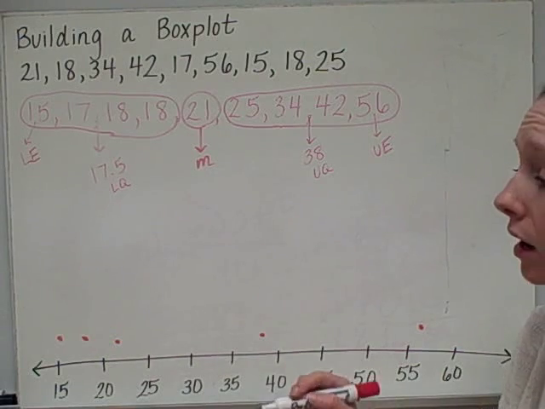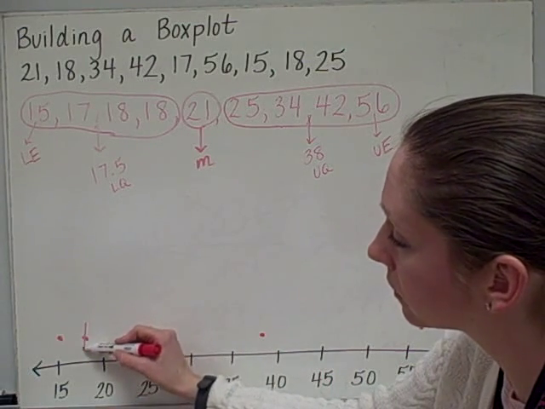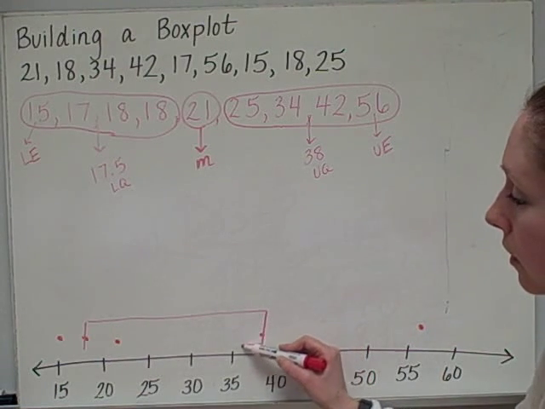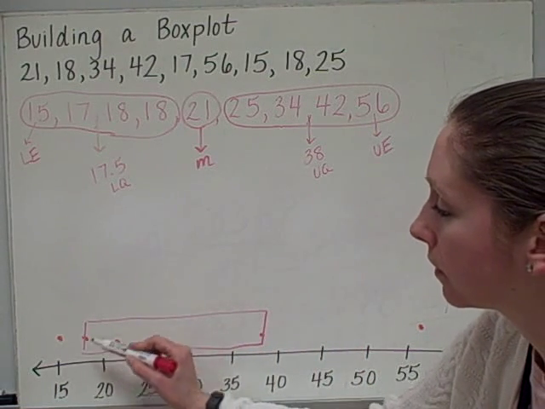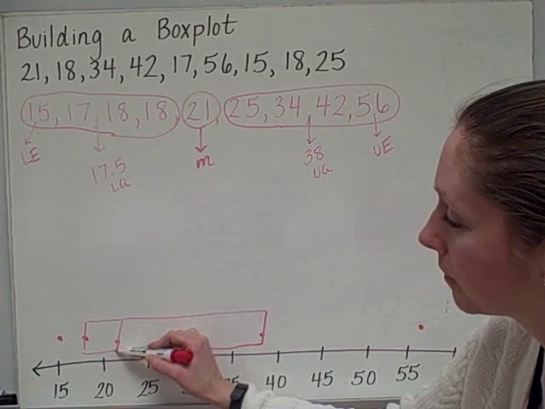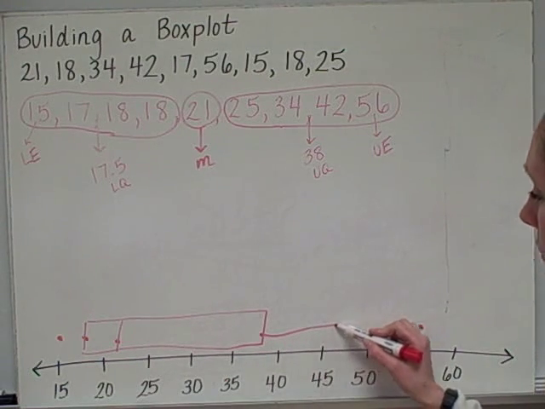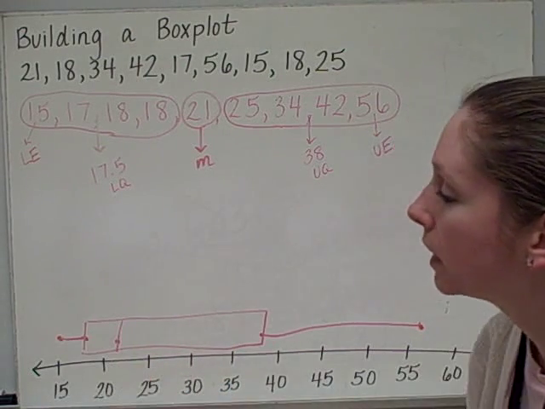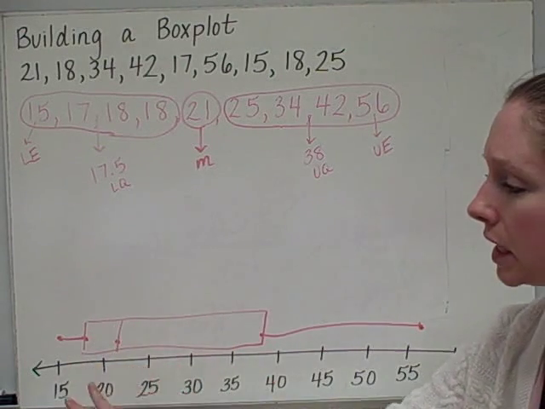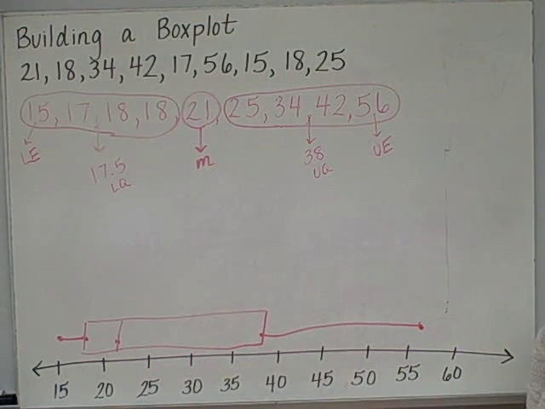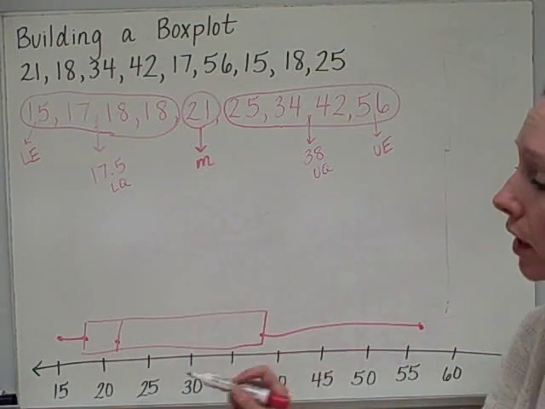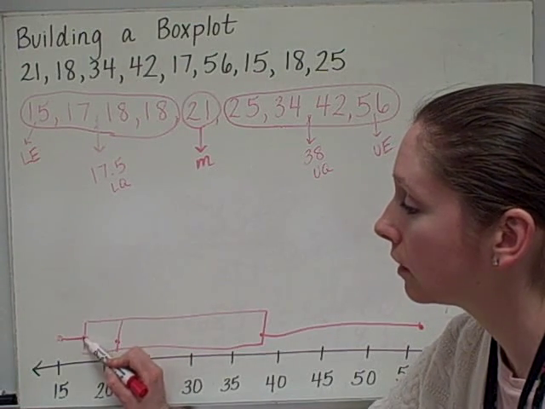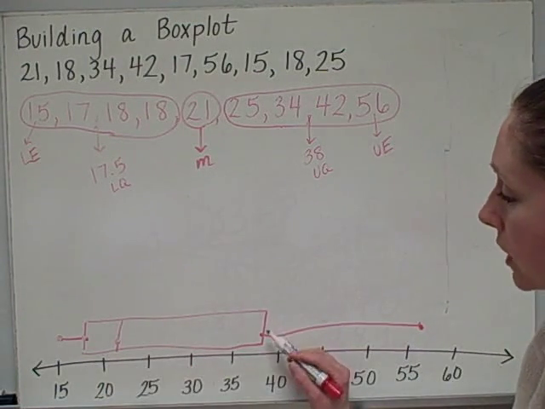Remember that the box goes around the quartiles, through the median, and then connects to our whiskers. Even though it doesn't look like it's evenly spaced with 25%, it still is in terms of the data. 25% of my data is between each of the quartiles.